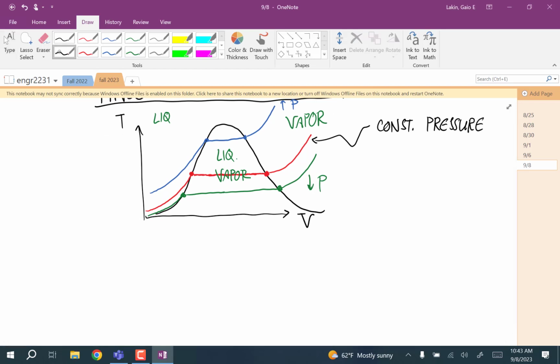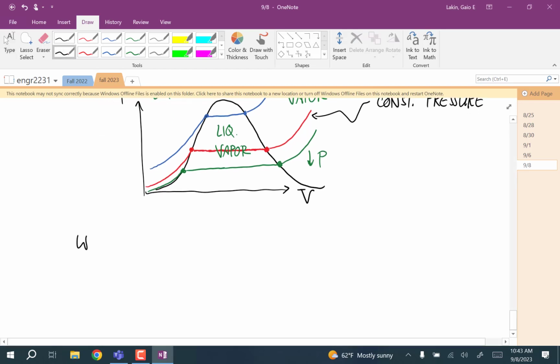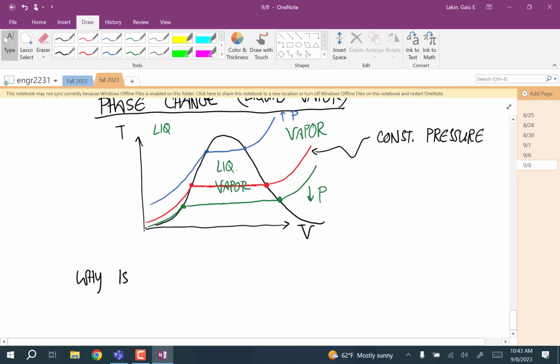Okay, so why is the vapor dome useful for engineering? And actually, there was one other thing I wanted to say there.